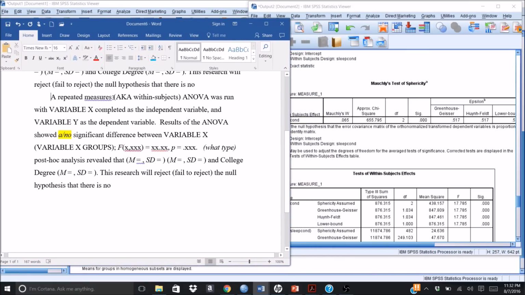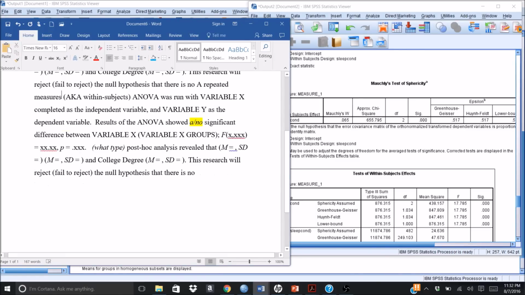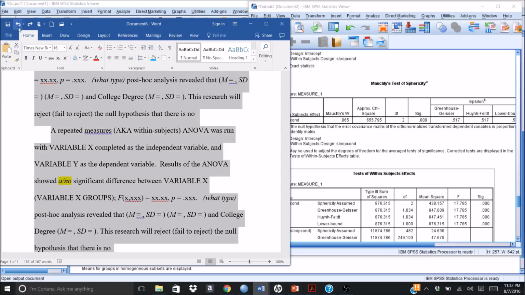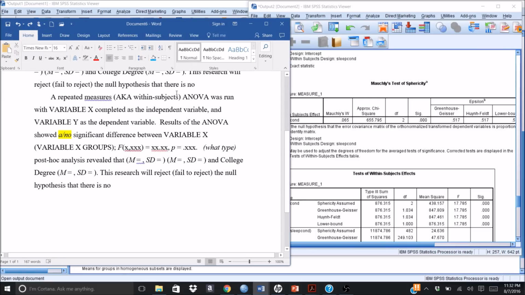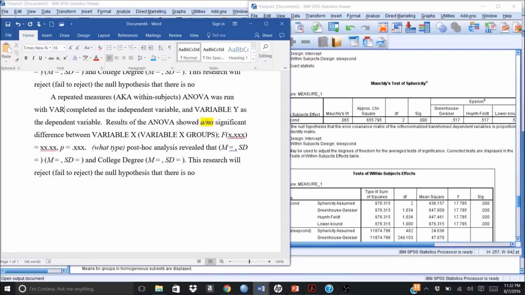Okay, repeated measures, also known as within subjects ANOVA, was run with variable x as the independent variable. So my variable, a variable x, there I am. So my independent variable is my sleep condition.